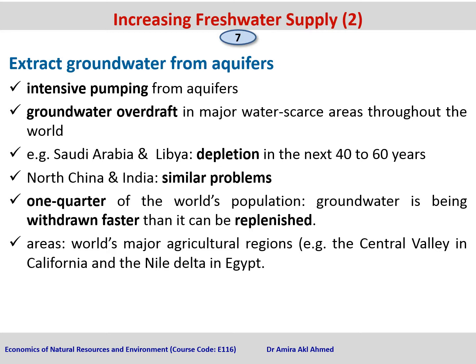However, these aquifers now have practically no recharge, and thus they are likely to be depleted in the next 40 to 60 years. Similar problems affect aquifers in North China and in India.